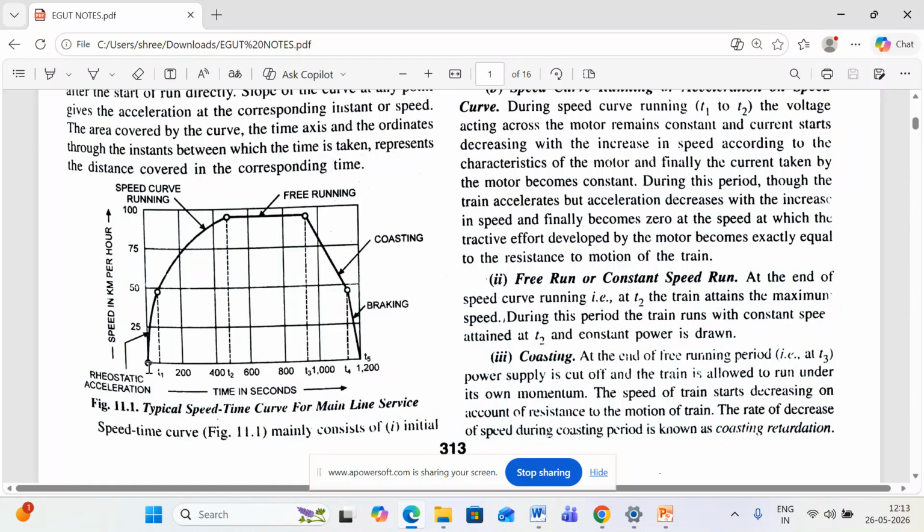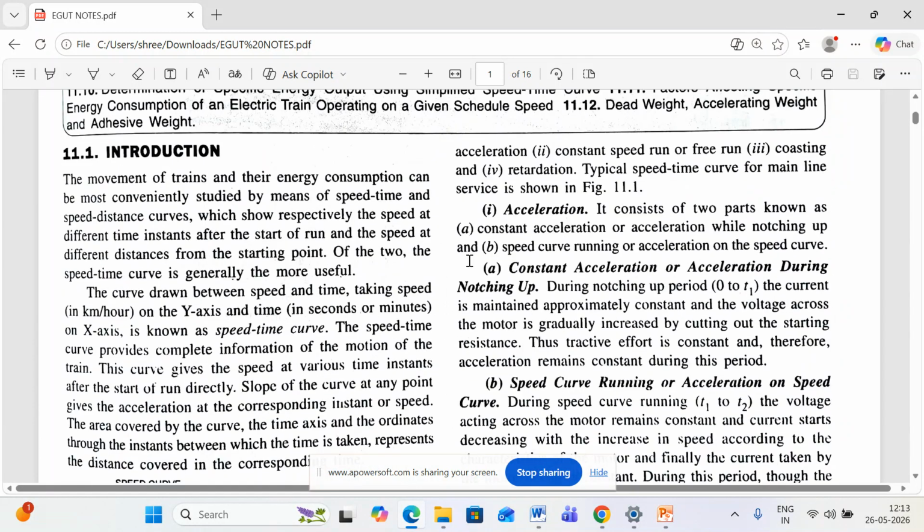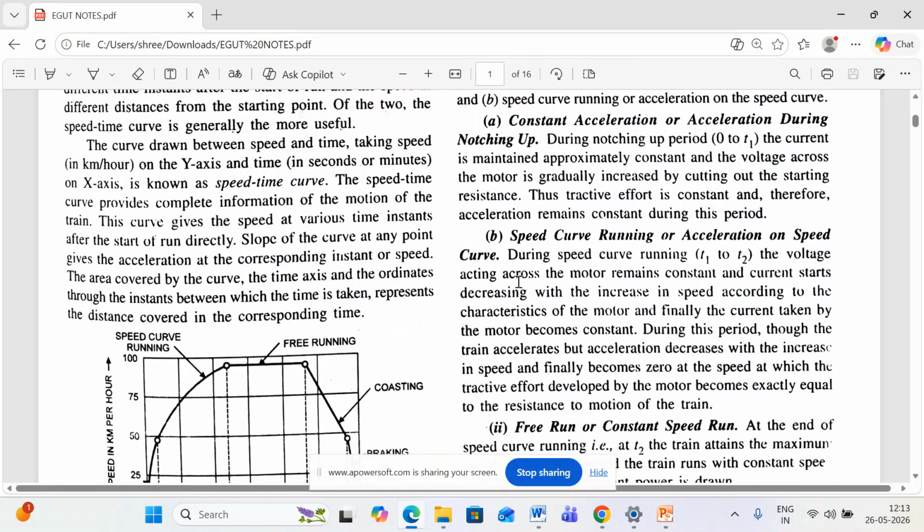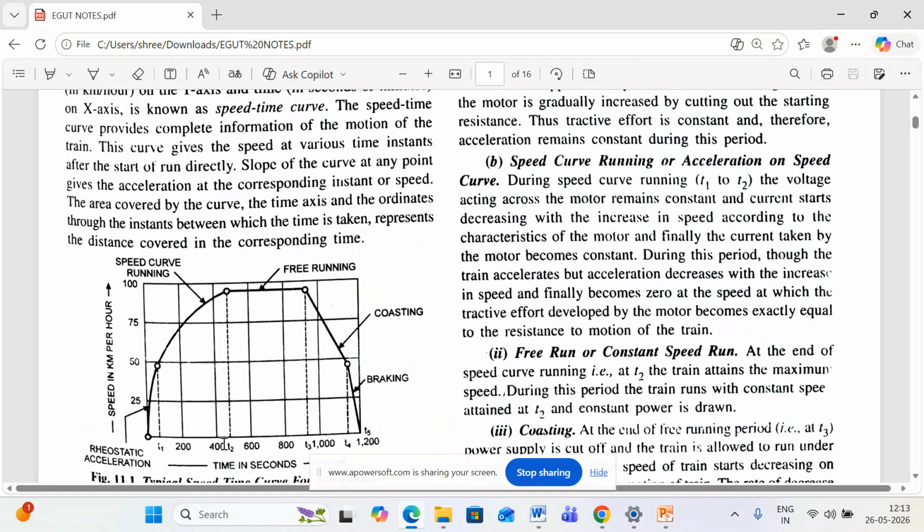It is the initial phase, and it is subdivided into two.